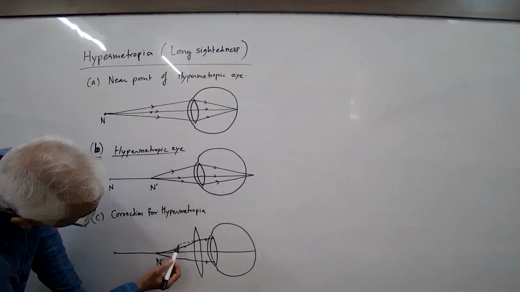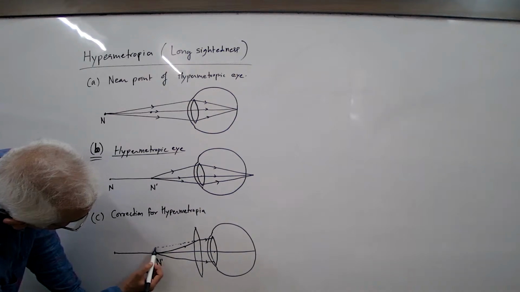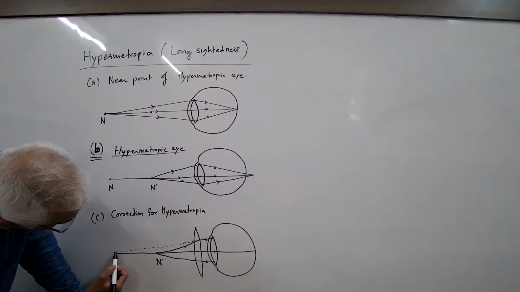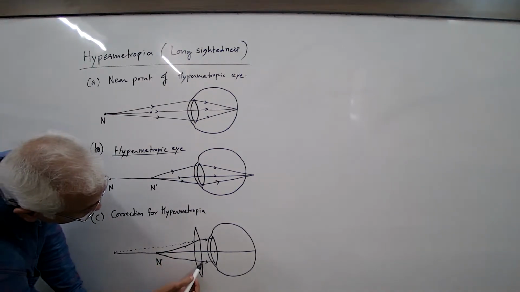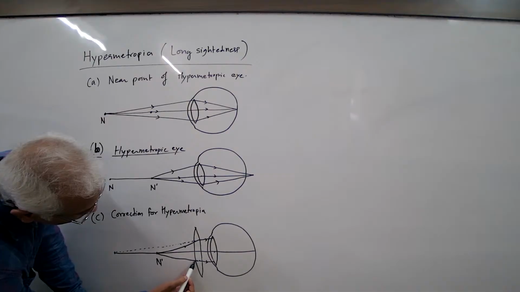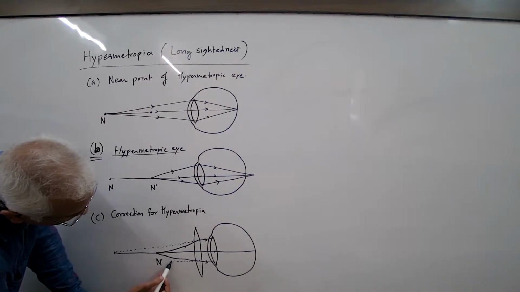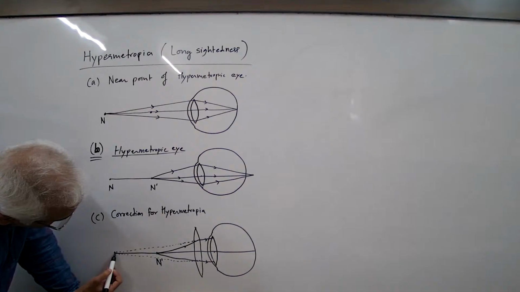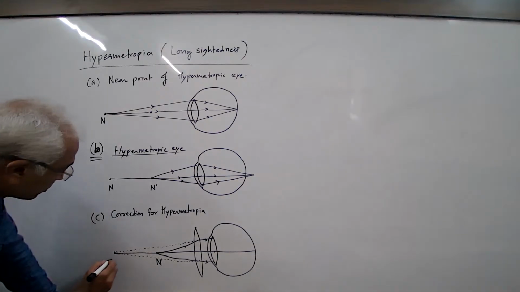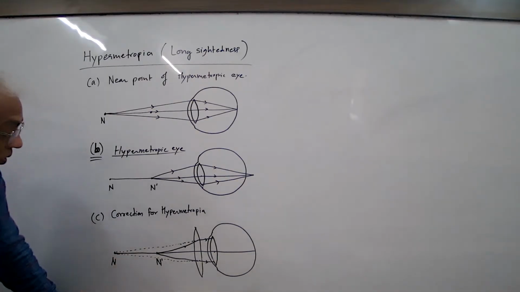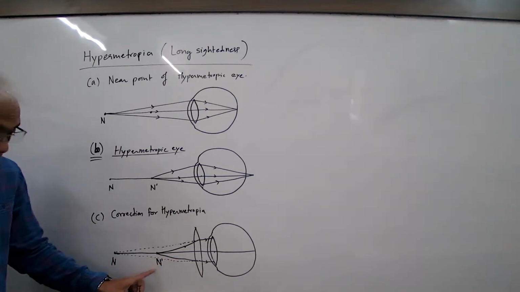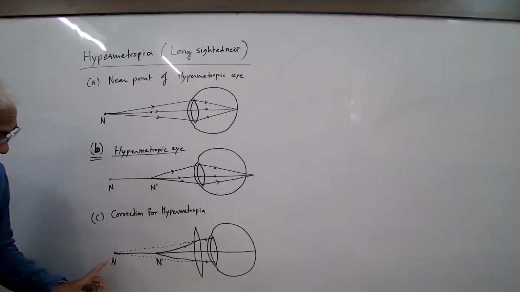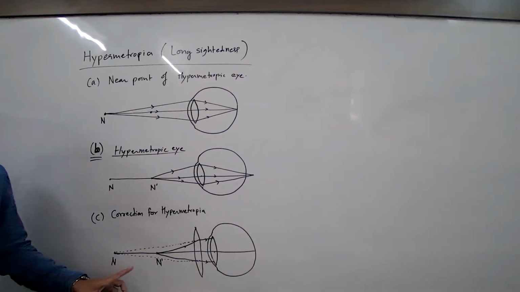So now when you pull it back, the virtual image of this real object is obtained at the faulty near point of the eye.